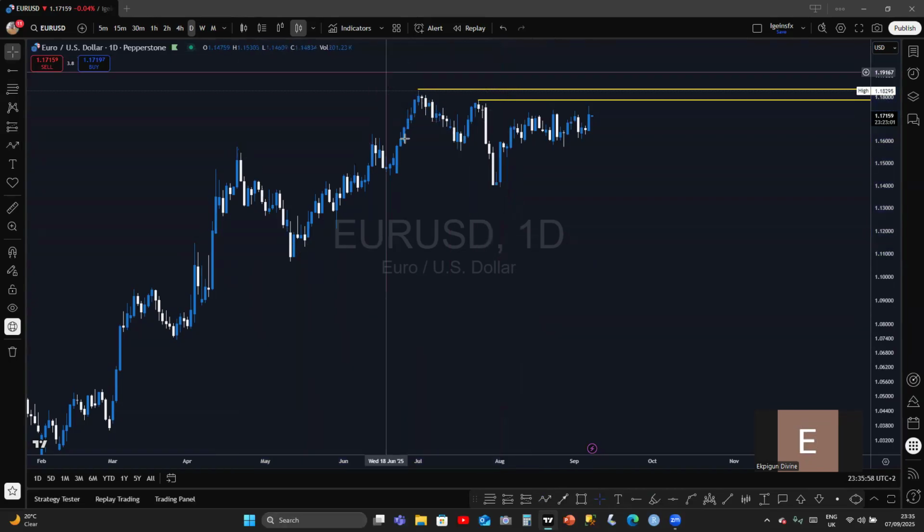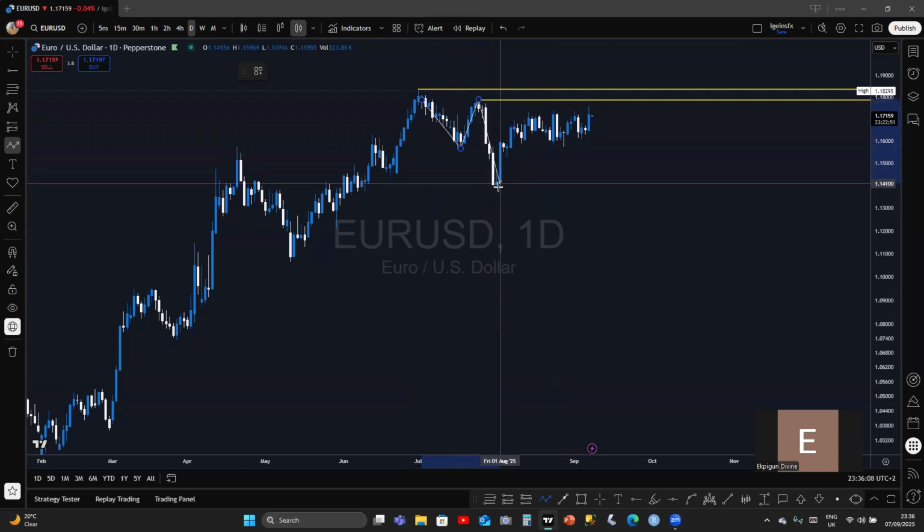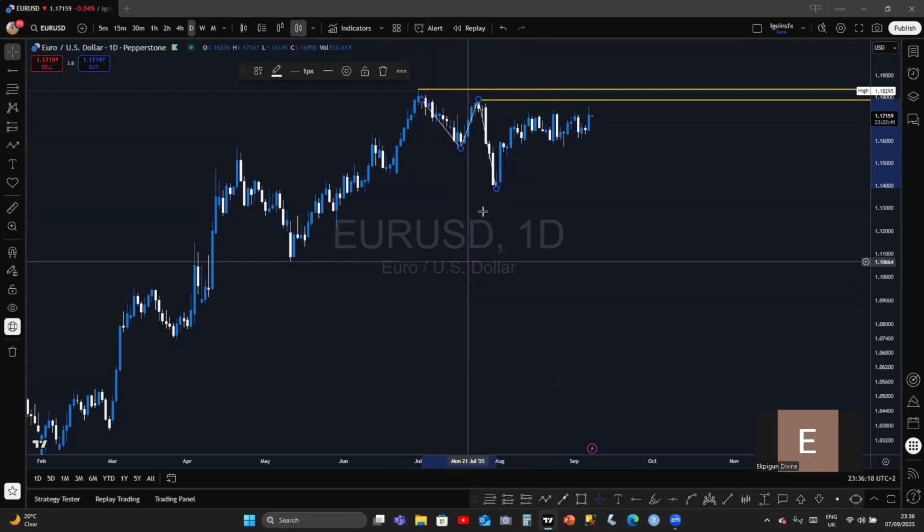When price came down, got there, it pushed to the upside, giving us a lower high. Then it now pushed down to this level, giving us a market shift here. So it's a sign that price is preparing to start coming down. All right, it has given us a market shift here.